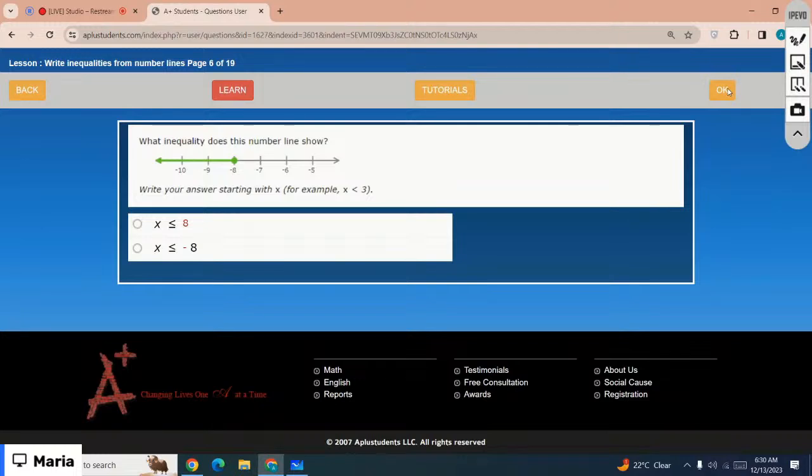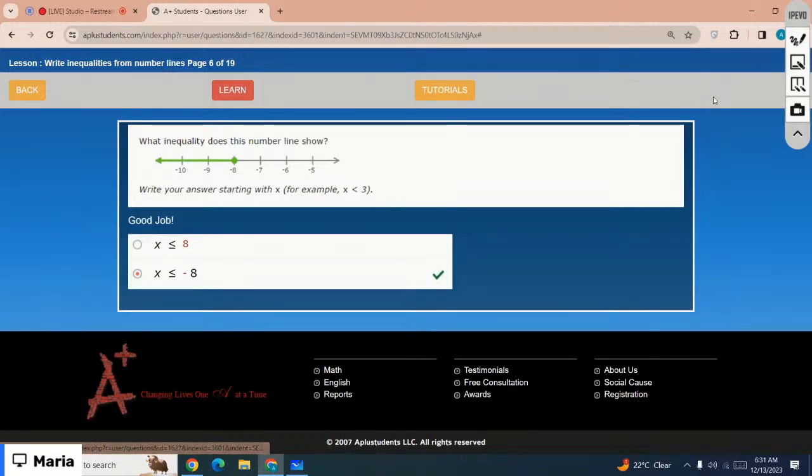What inequality does the number line show? Which is the correct option? The correct option is x is less than or equal to negative 8, right?